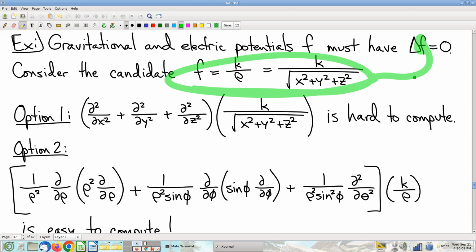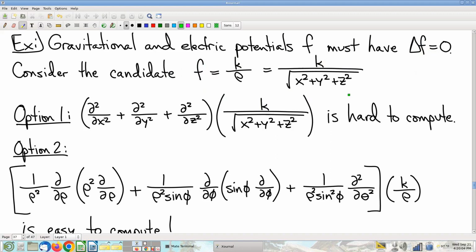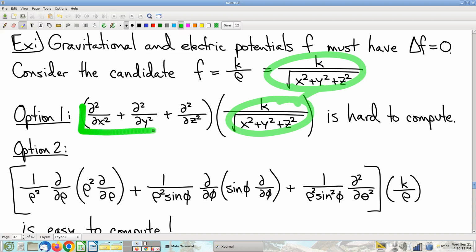So here are your choices then. One choice is to take the rectangular formula for this function and apply the rectangular Laplacian. You're taking various partials of this expression, and you can already see this coming. That's going to be super annoying, right?